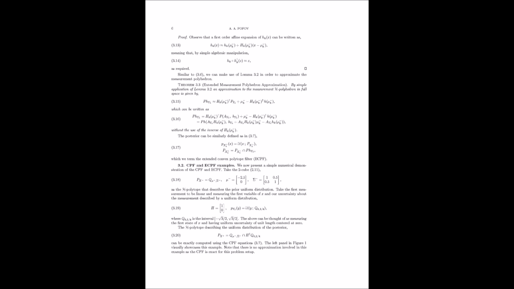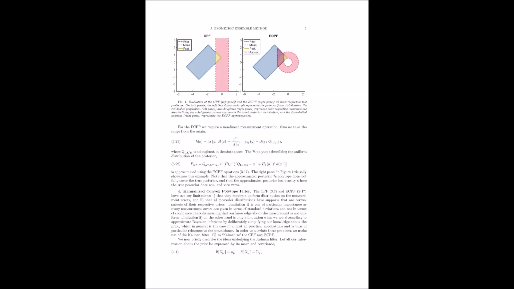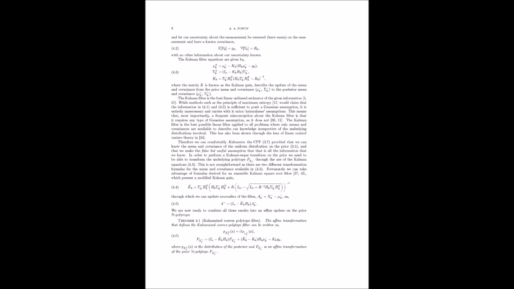Right. Okay, and then they go on to discuss a variation on the CPF called the extended convex polytope filter, or ECPF. So what is this ECPF, and how is it different from the regular CPF? Yeah, so the ECPF is basically an extension of the CPF that can handle nonlinear measurements.